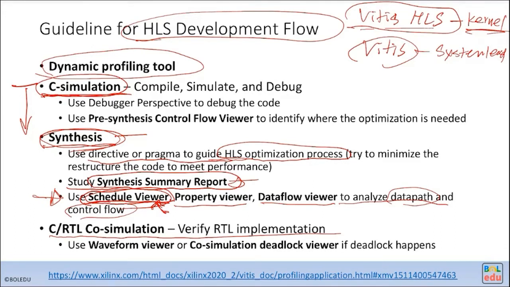C simulation all runs correctly, but when you do co-simulation you will often run into a hang, simply because the stream FIFO underruns or overruns. Those are situations that you will not observe in C simulation, but you have to debug in the C/RTL co-simulation. It provides tools like the waveform viewer and the deadlock viewer. The deadlock viewer basically lets you analyze the FIFO depth of each stage, so you can see whether an overflow or underflow happened.